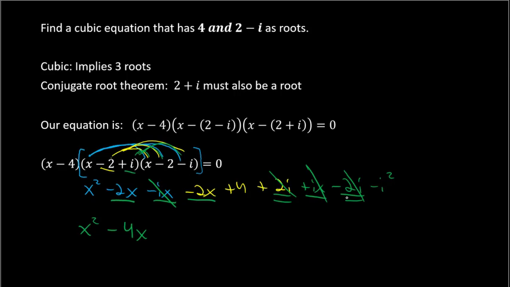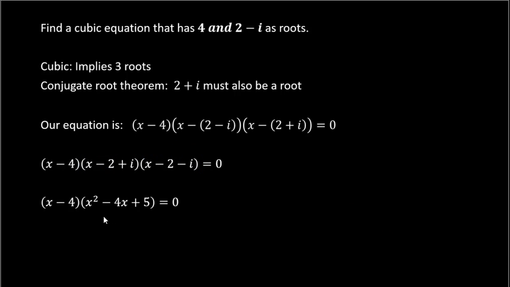And then remember over here, this negative i squared. i is the square root of negative 1, so i squared would be just negative 1. So minus negative 1 becomes a plus 1. So we have 4 plus 1, which gives us 5. So we have a plus 5 there. That's equal to 0. And don't forget, we still have the x minus 4 in the front.